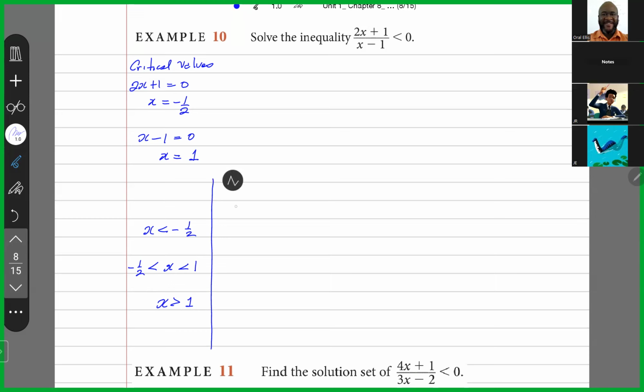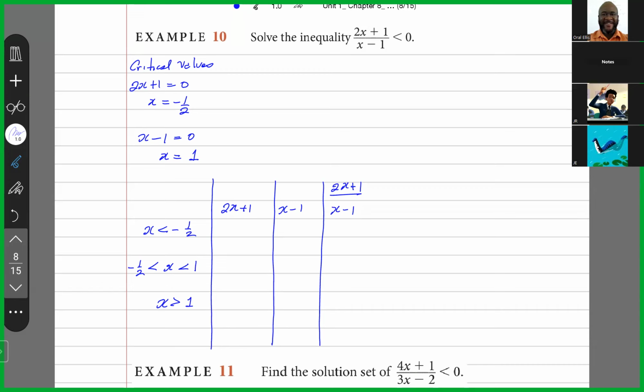We have the numerator, which is 2x + 1, the denominator, which is x - 1, and the function, which is (2x + 1)/(x - 1). What we are looking for are the values of x that cause the function to be negative, which is less than 0.